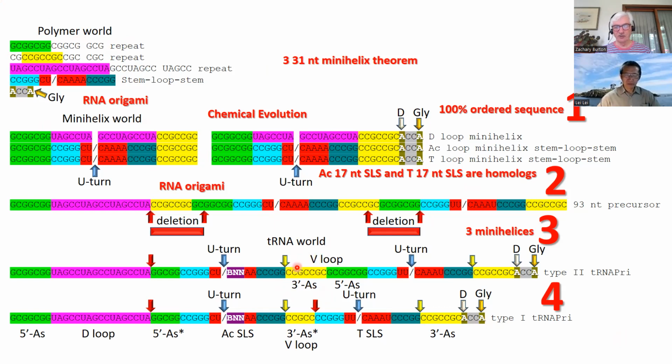From tRNA world, it's pretty easy actually to generate a genetic code. All you have to do is buy all the tRNAs from a company and mix them together and translate them. So there are certain things we can do, but there are other things that are a little bit harder.